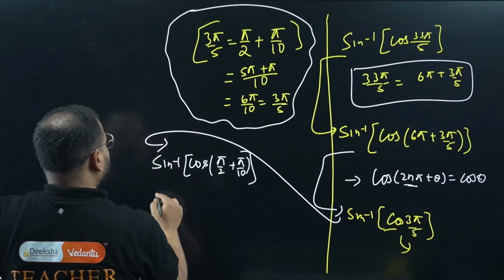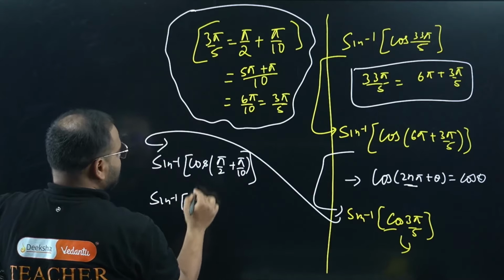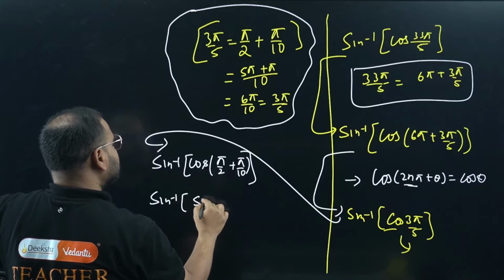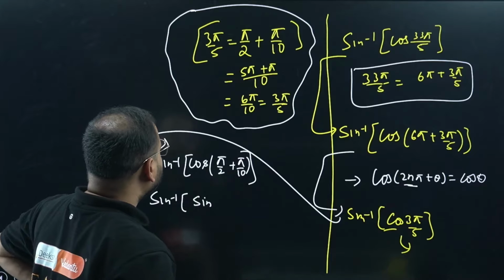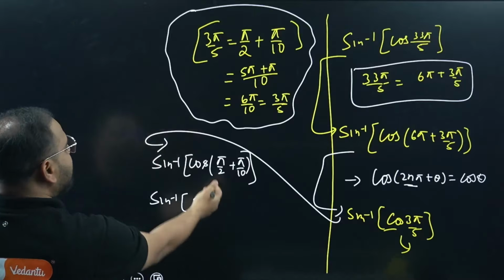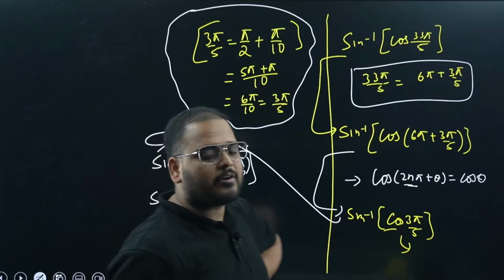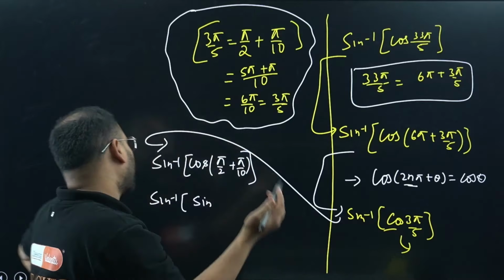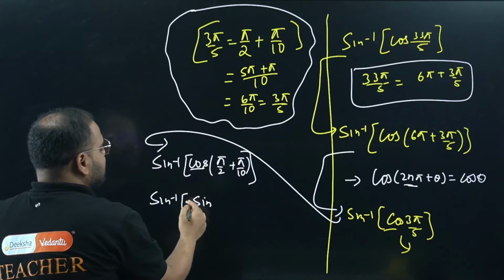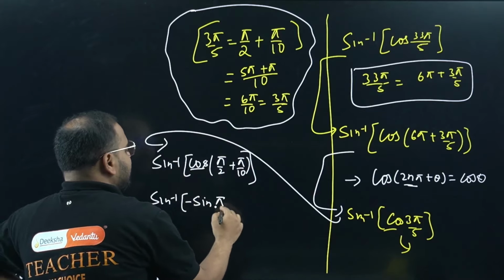Now I can transform this. Cos at pi by 2 will become sine, sir. Which quadrant is this in? Pi by 2 plus pi by 10. Second quadrant, pi by 2 is 90 degrees, so after that will be second quadrant. In the second quadrant cos is negative, so minus sine pi by 10, sir.